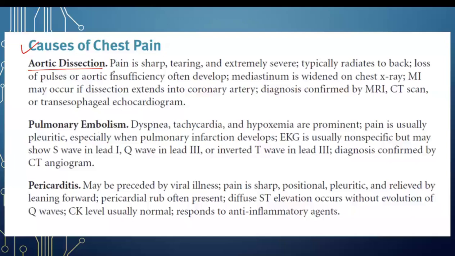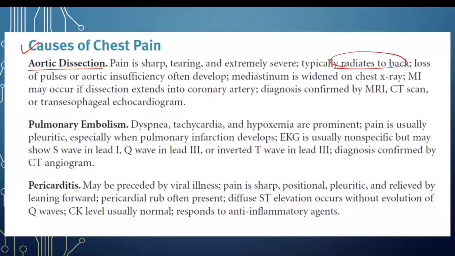The aortic dissection pain is retrosternal, sudden onset, extremely severe, sharp and tearing, feels like someone is putting a knife into it, and most importantly, the pain will radiate to the back.